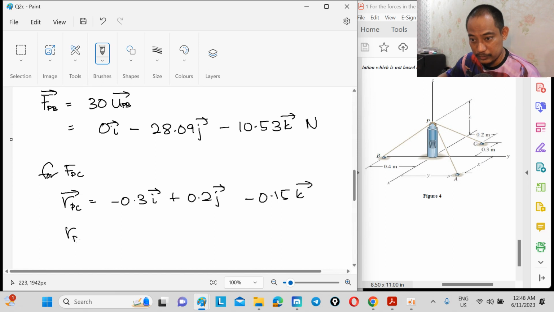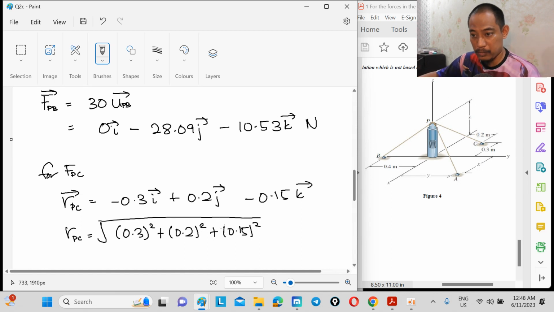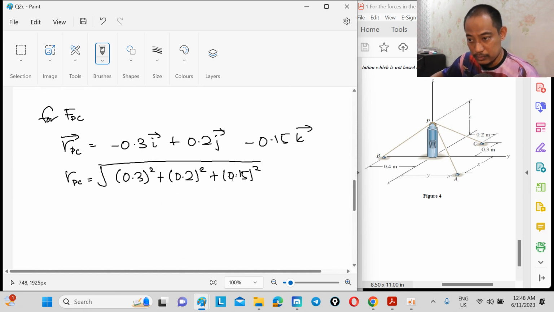So the magnitude of RPC is the square root of 0.3 squared plus 0.2 squared plus 0.15 squared, equal to 0.3905.